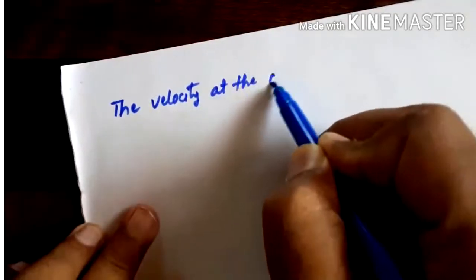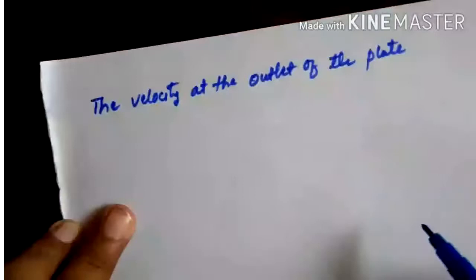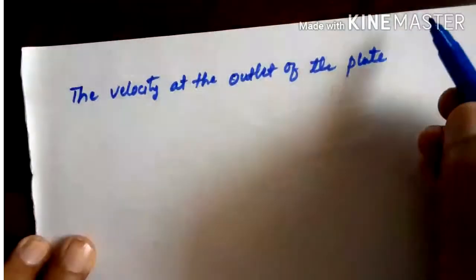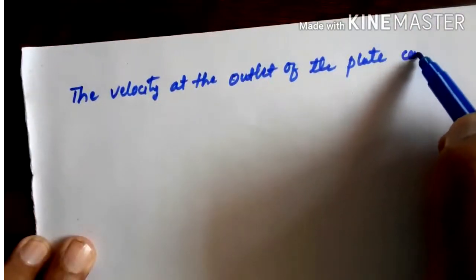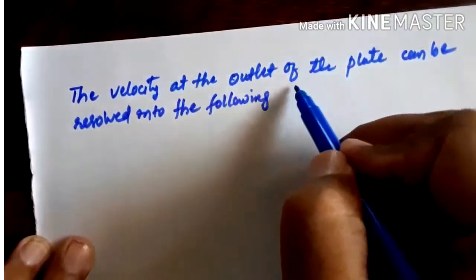Then to write here the velocity at the outlet of the plate. The velocity at the outlet of the plate can be resolved into the following two components.